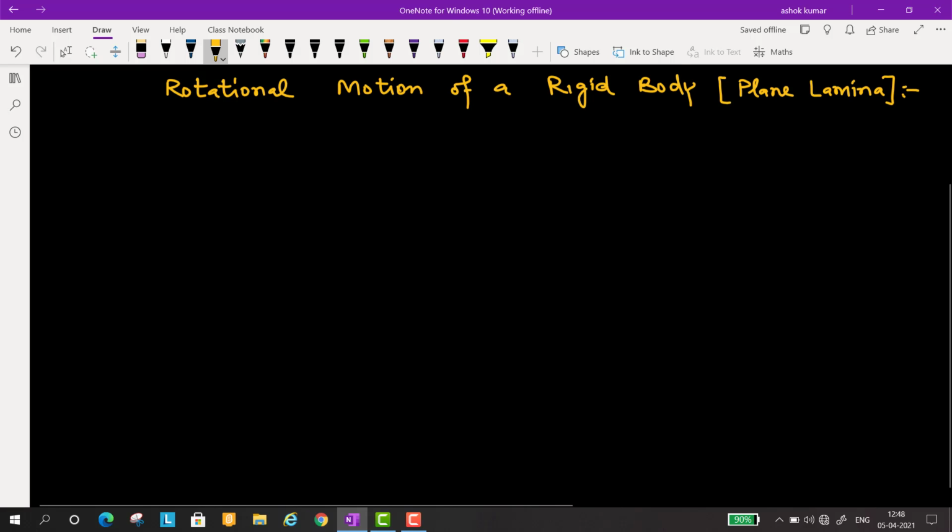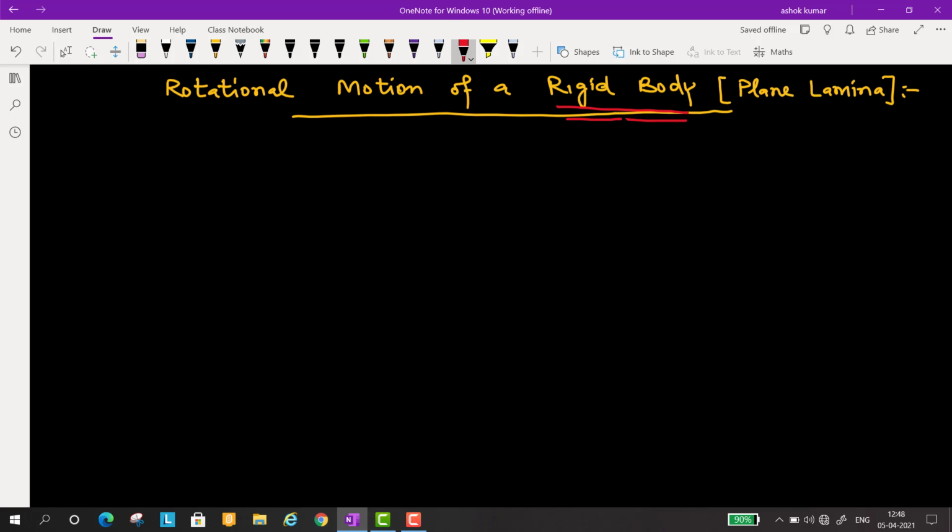So we will be dealing with a two-dimensional body having shape plane lamina. Rigid body is a body whose shape and size remains intact. It does not change its shape and size during motion.